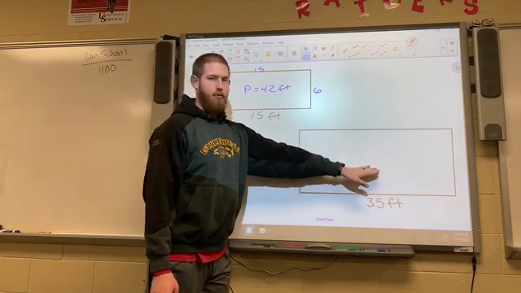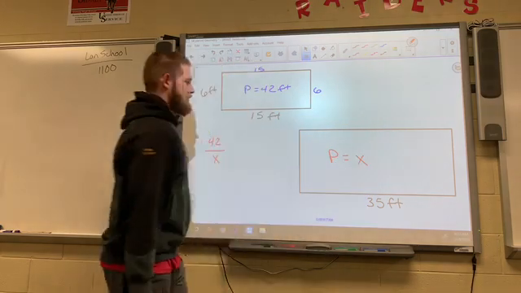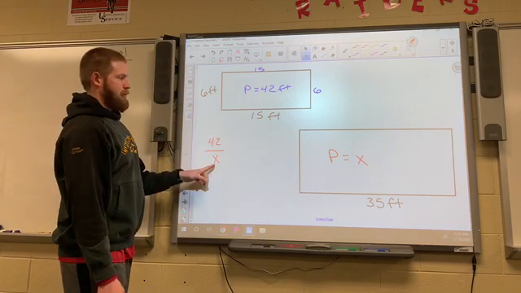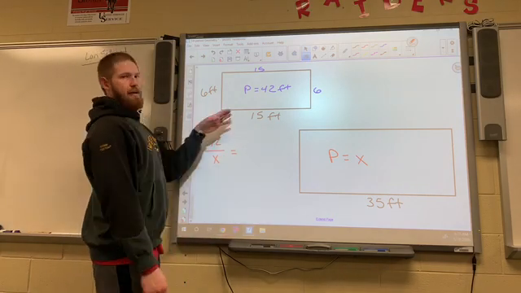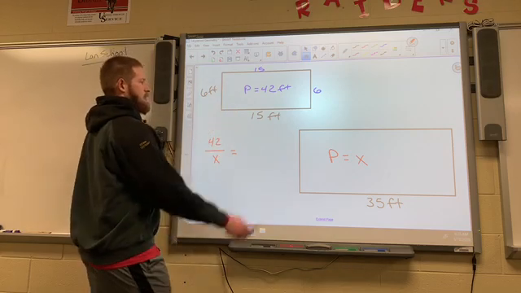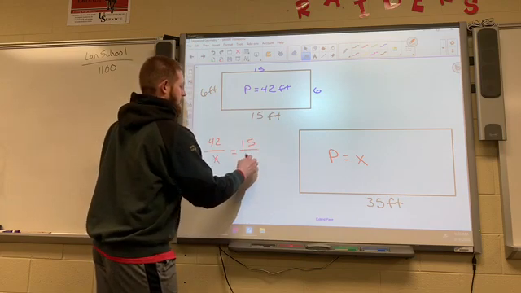We're trying to find the perimeter of the big one, so we're going to call the perimeter x. So I have perimeter over perimeter is equal to the ratio of any sides that I choose. So since I know this is 35, I'm going to use 15 over 35.